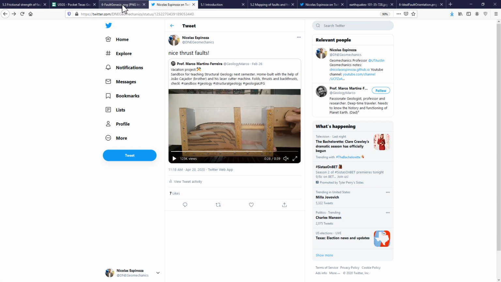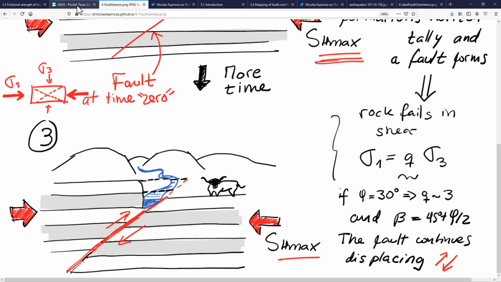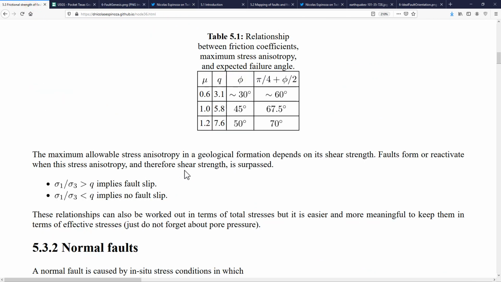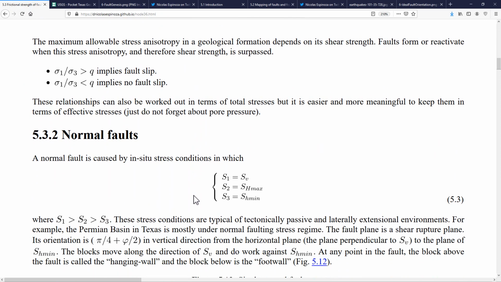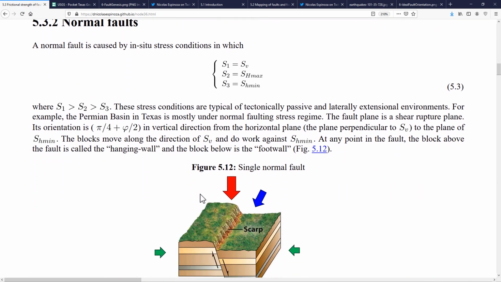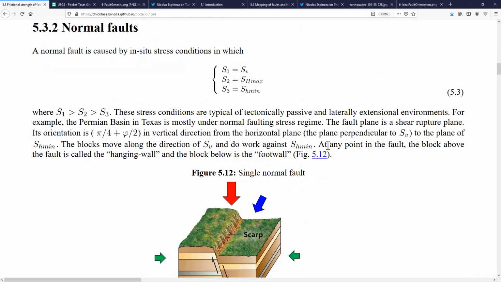The same process would happen to form the three types of faults that we're going to see. It's just that the stresses are going to be oriented in different directions. So the first example is the one of a normal fault.